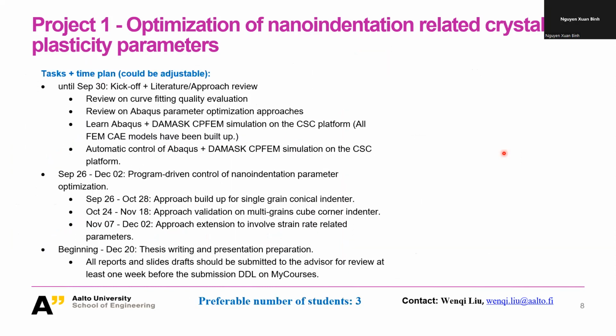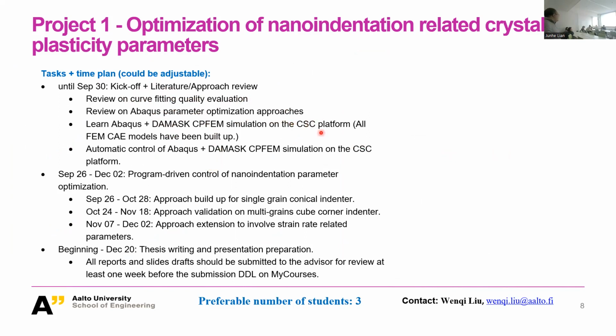Okay, oh, still one more. So this is about the tasks and the time plan. You can get a view of this time plan. Up to September 30, so the end of this month, you will get the kickoff and a few papers to read, and learn how to run the simulations on the so-called CSC platform.